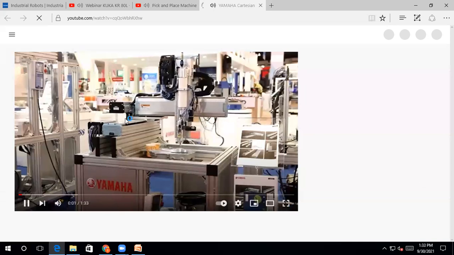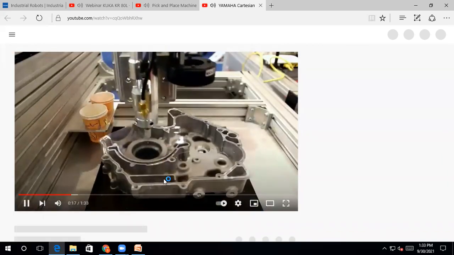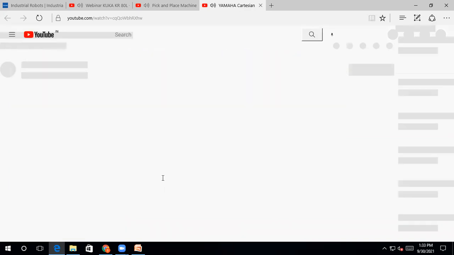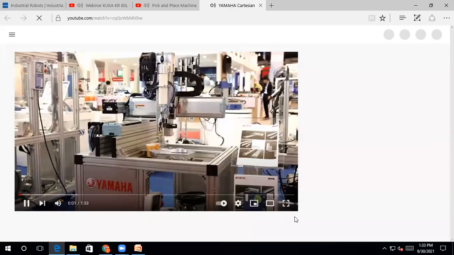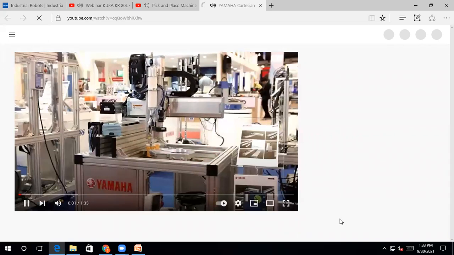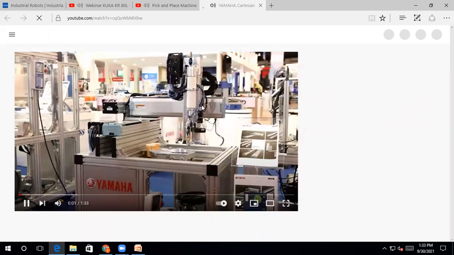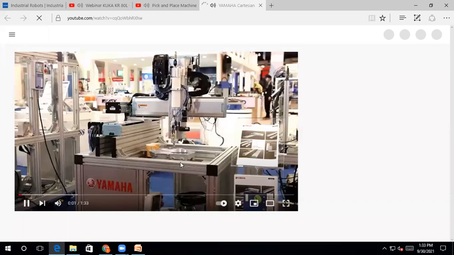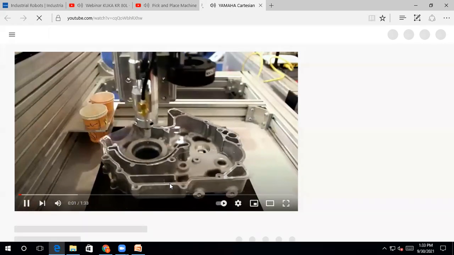See how it is moving like this along X axis horizontally. Then this arm is moving along Y axis. Okay, you can see like this only. See how this base is moving like this along X axis. Now this movement is Z axis and vertical movement is Y axis. See how this robot is used.